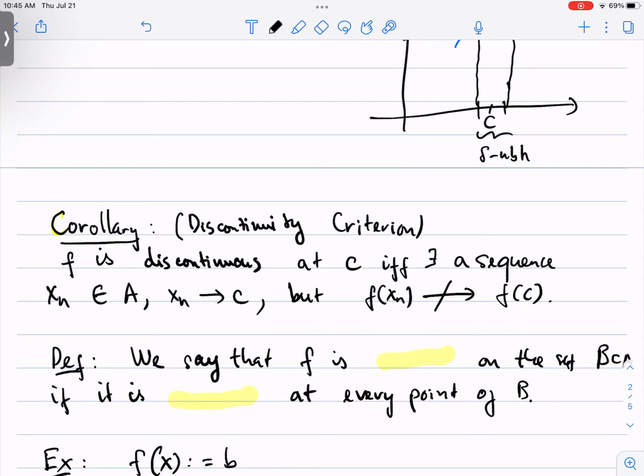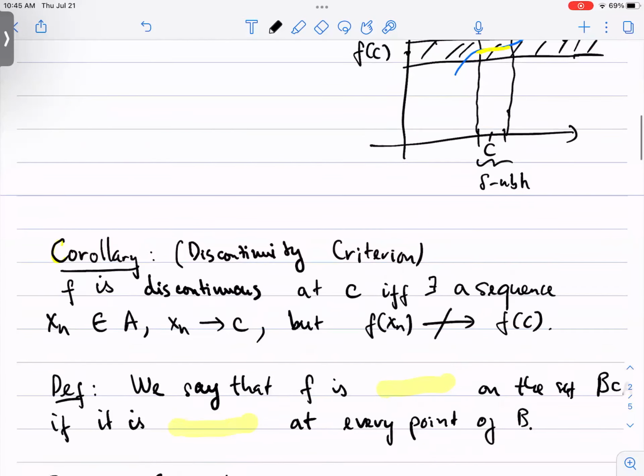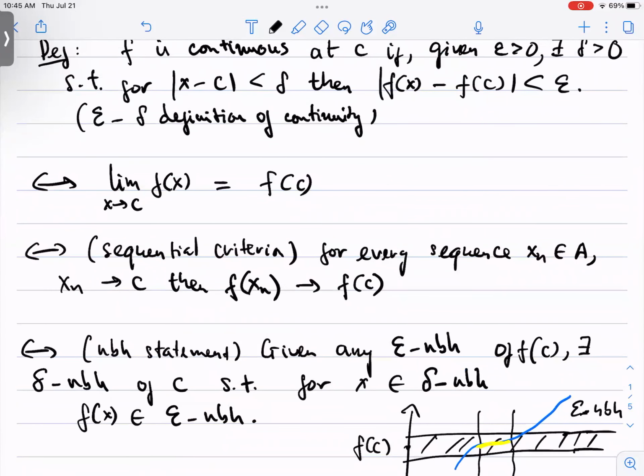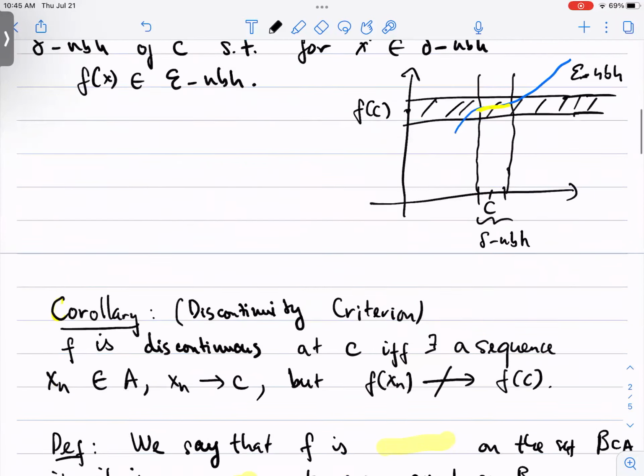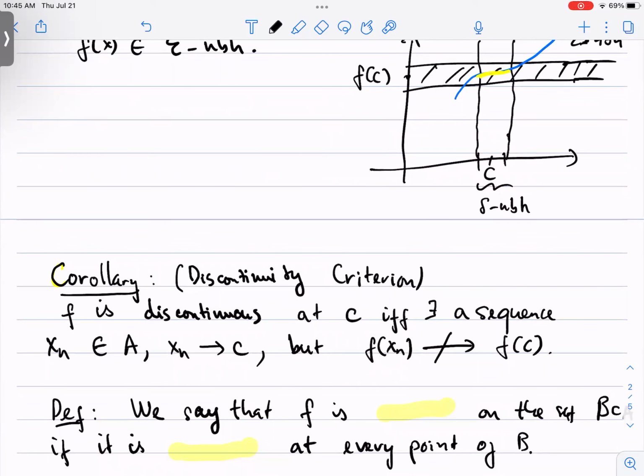A function f is discontinuous at point c if and only if there exists a sequence Xn in A, Xn approaching c, but f(Xn) not approaching f(c). This is essentially the negation of the sequential criterion that we established earlier. This is very common because remember, we spent a lot of time discussing the convergence of sequences. That's why we know this topic very well.